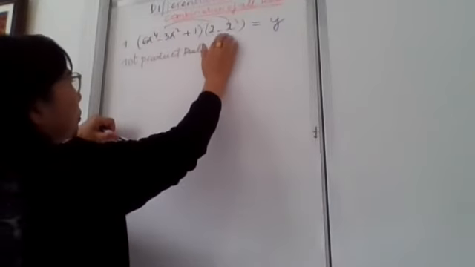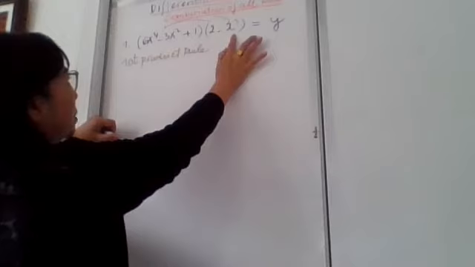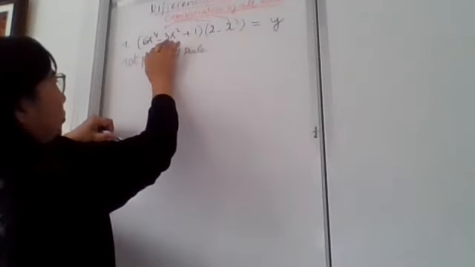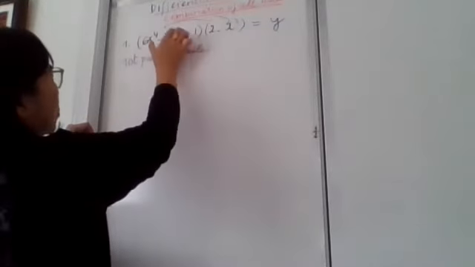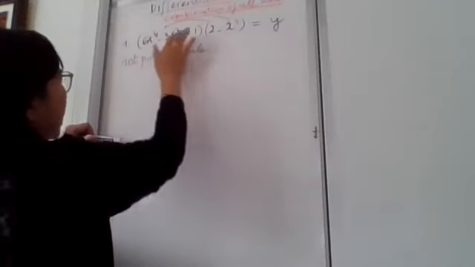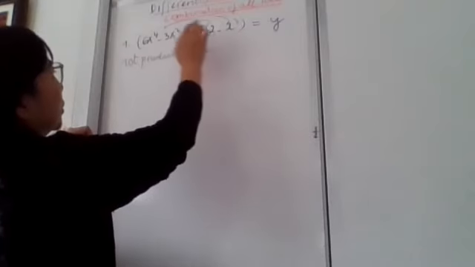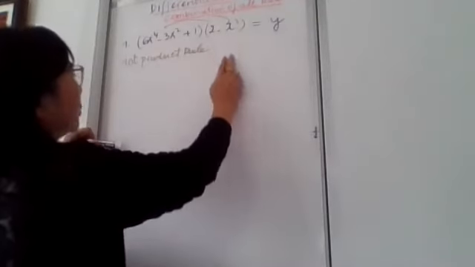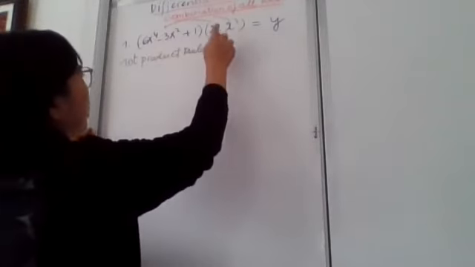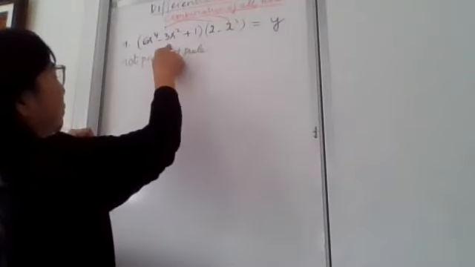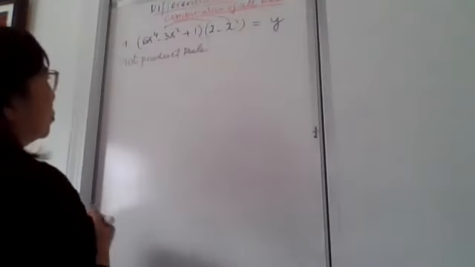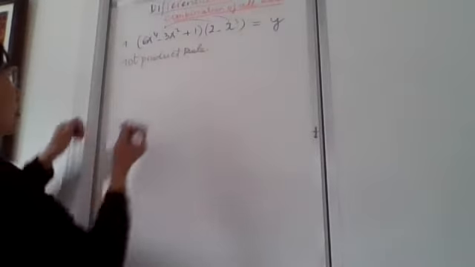Some people will take the derivative of the second bracket first and then keep this the same. In my way, I tend to keep the first bracket, but the order doesn't matter, right? As long as you keep the first one, take the derivative of the second one, adding to keeping the second one, derivative of the first one. That will be the product rule.